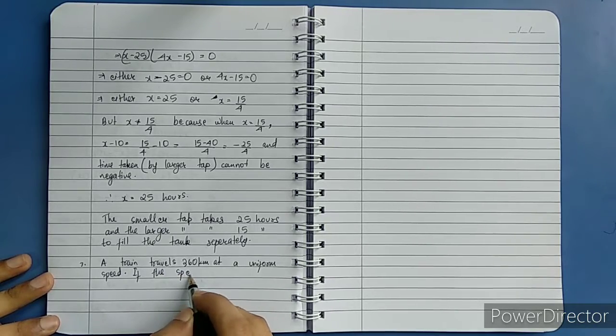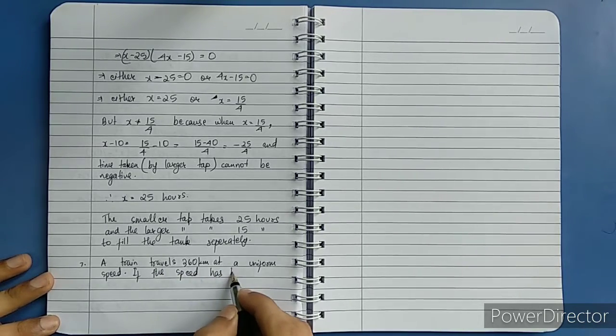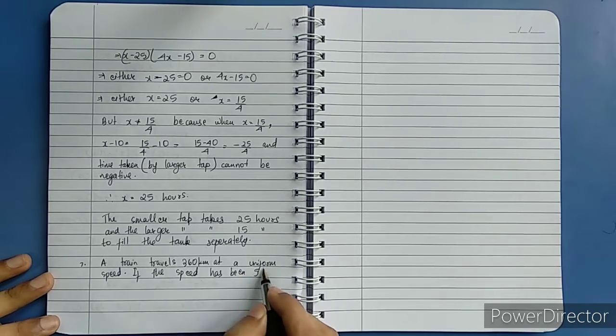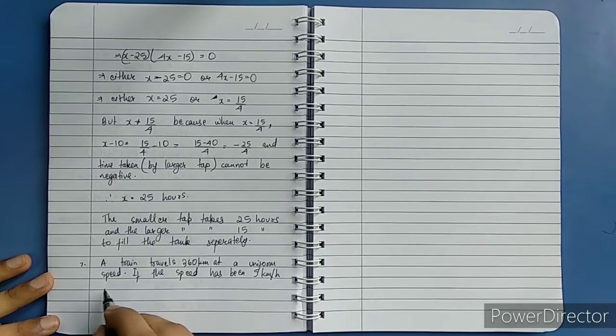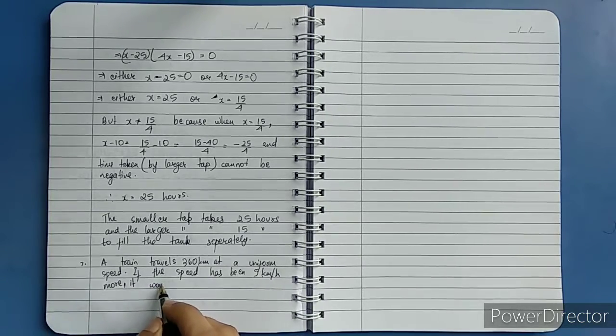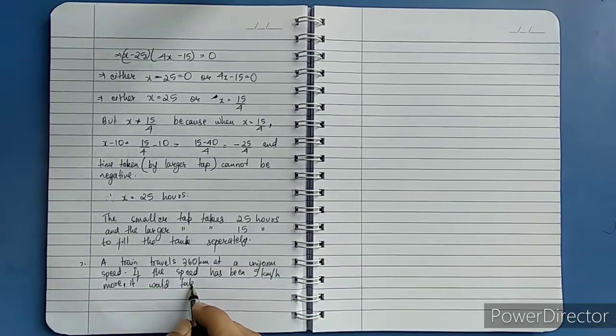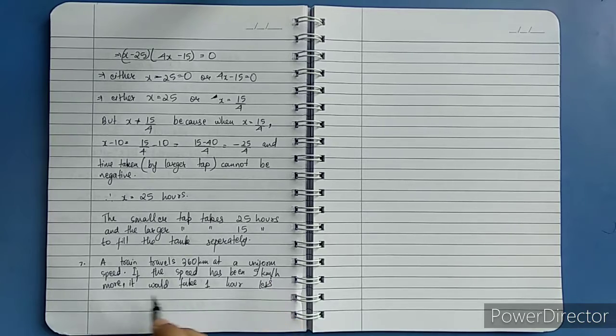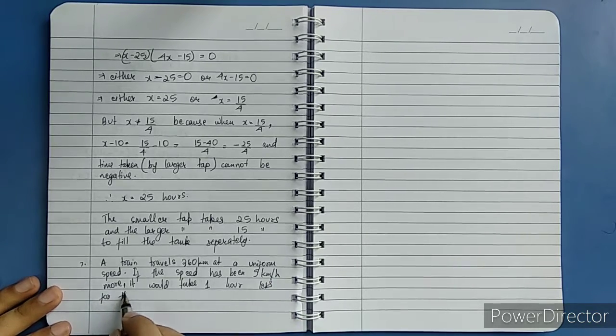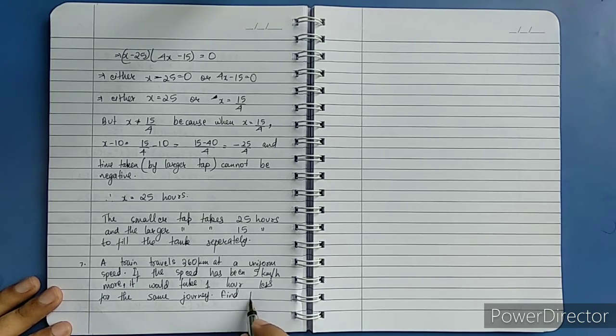If the speed had been 5 km per hour more, it would take 1 hour less for the same journey. Find the speed of the train.